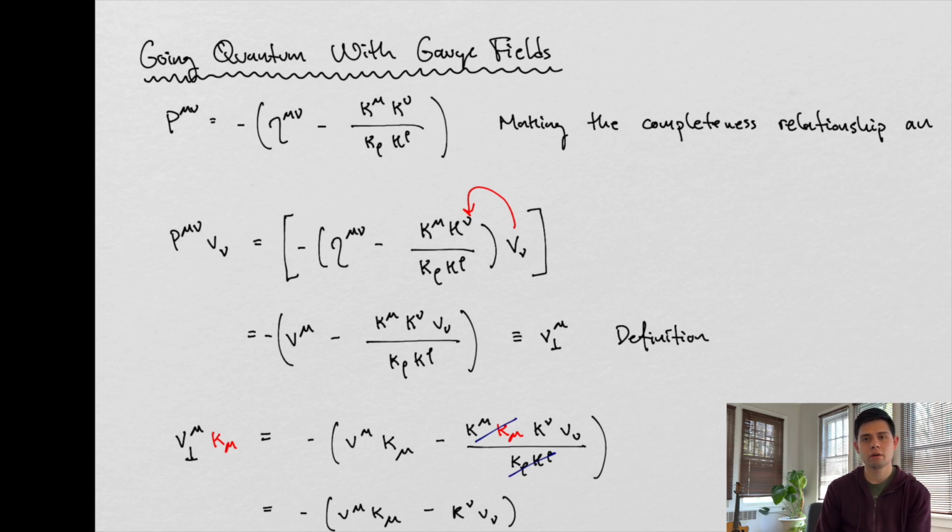So we've sort of been beating up this idea of a completeness relationship for about 3 videos now. What we're going to do next is take a look at the solution to the gauge fields themselves. We're going to diverge a little bit from this, but we want to keep this completeness relationship in mind because we're going to use it in deriving the creation and annihilation operators for our gauge fields.